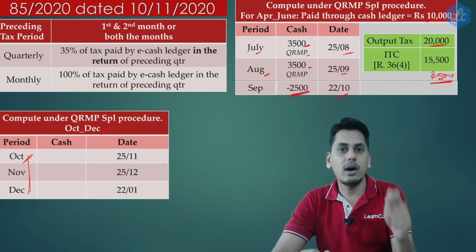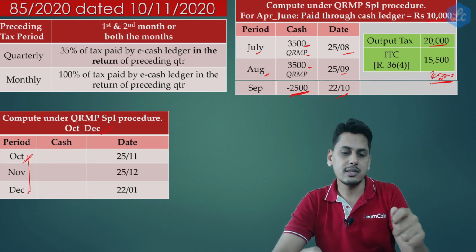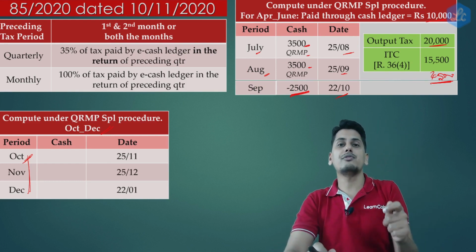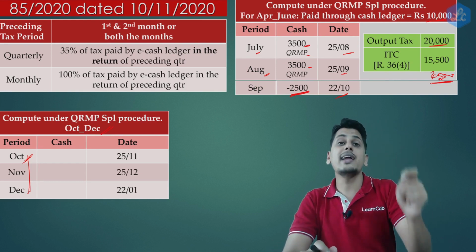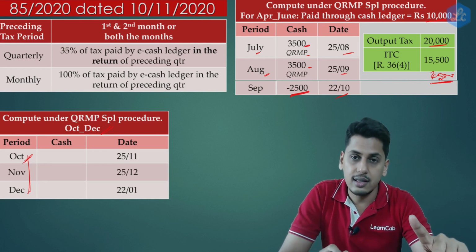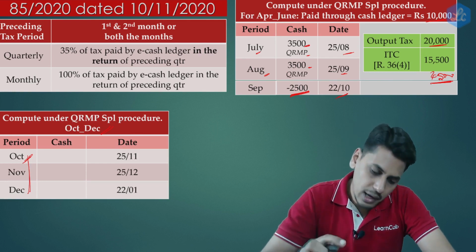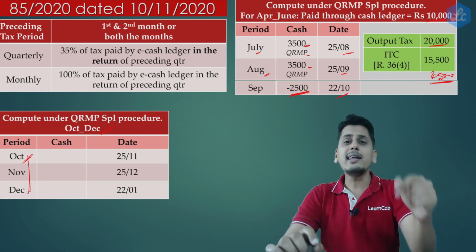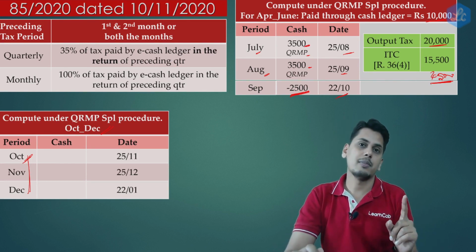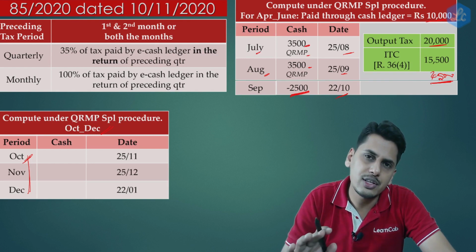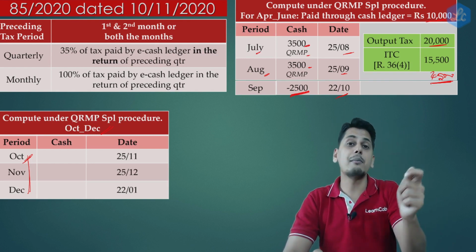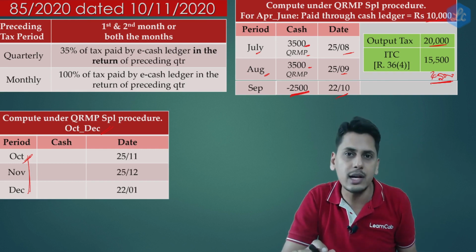Preceding tax period was quarterly. So let us find out what is the amount for the preceding quarter which was paid by debiting the electronic cash ledger. Now here there are chances that one might go wrong. Friends, if you carefully look into the preceding quarter, what is the amount which you have deposited in the cash ledger? 7,000. But friends, is the notification requiring you to pay 35% of the amount deposited in the cash ledger in the preceding quarter?